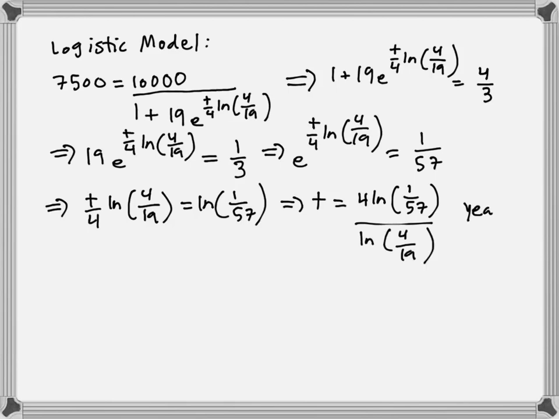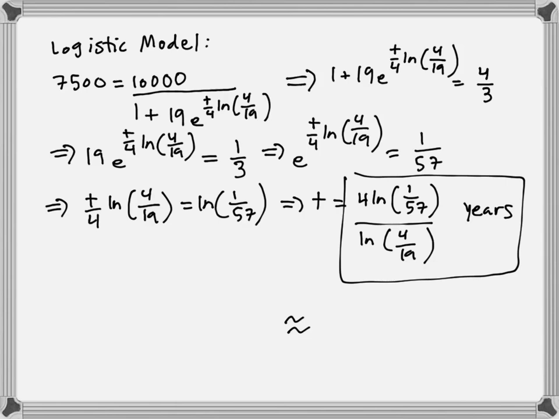This is how many years it takes. This is an exact answer. Or if we want to write that as an approximate answer, if I put it in my calculator, I end up with 10.4 years.